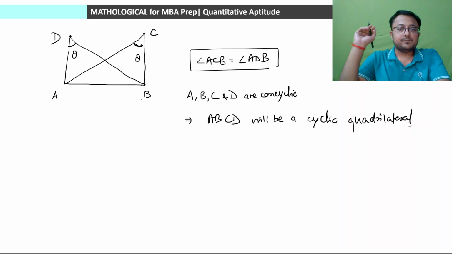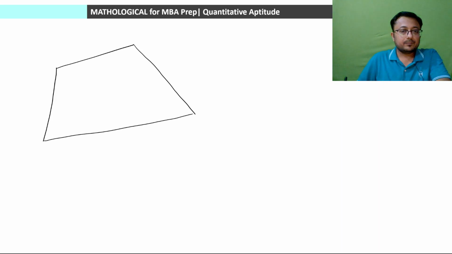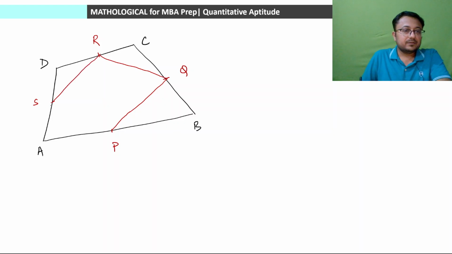Okay. Now let us say there is a quadrilateral ABCD and midpoints of AB, BC, CD and DA are P, Q, R and S. And if we join these points PQ, QR, RS and SP.